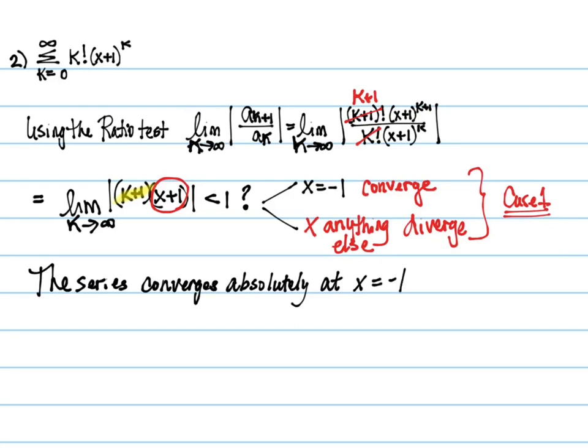So let's answer the questions. What is the radius of convergence? Yeah, it's 0. And this would be one where they probably wouldn't ask you for an interval of convergence because there's not an interval, right?